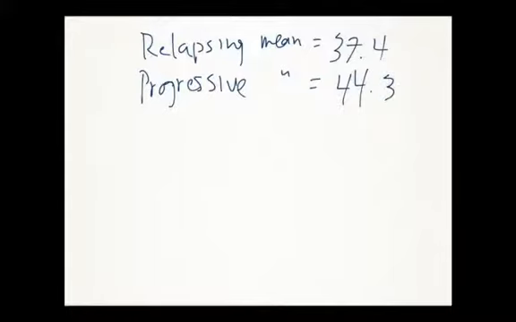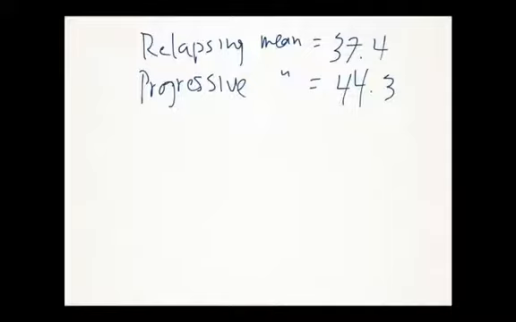Okay? So these numbers are different, and of course they'll be different every time. We're never going to get exactly the same numbers in two groups. But what we want to know is, is the difference between them more than just chance? Is there a real difference between the two groups? Okay? Is it statistically significant or clinically meaningful?